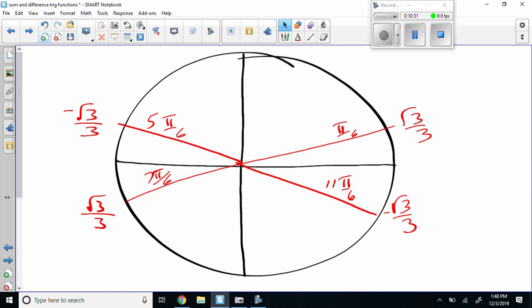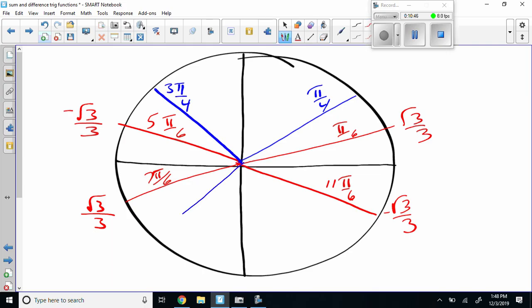Now, the cool thing, you can do that with pi over 4, right? Correct? Keep writing that out there.